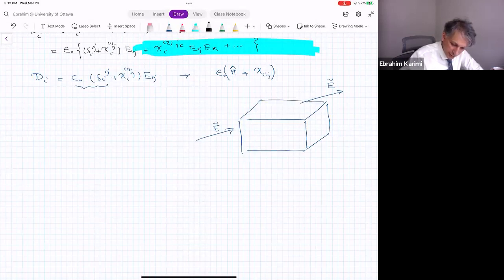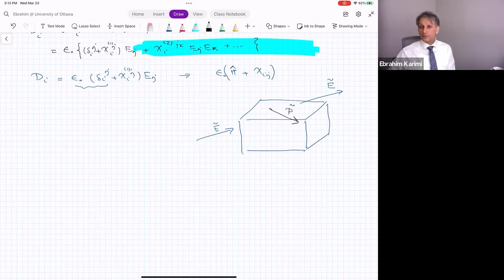And this polarization is not necessarily along the electric field that you apply. It can be changed in space. It can even be along this specific direction, which is P. Good. And how can you calculate the P? With the chi, with the material property that we already discussed and assumed.